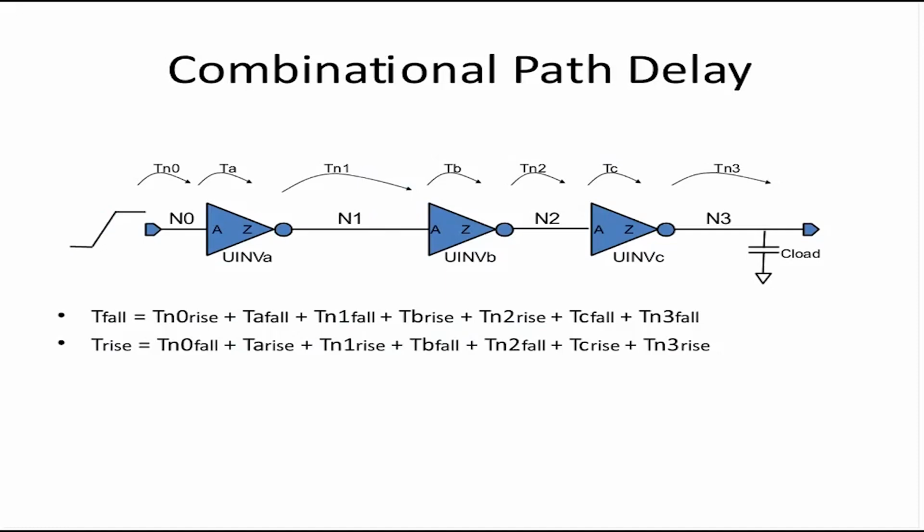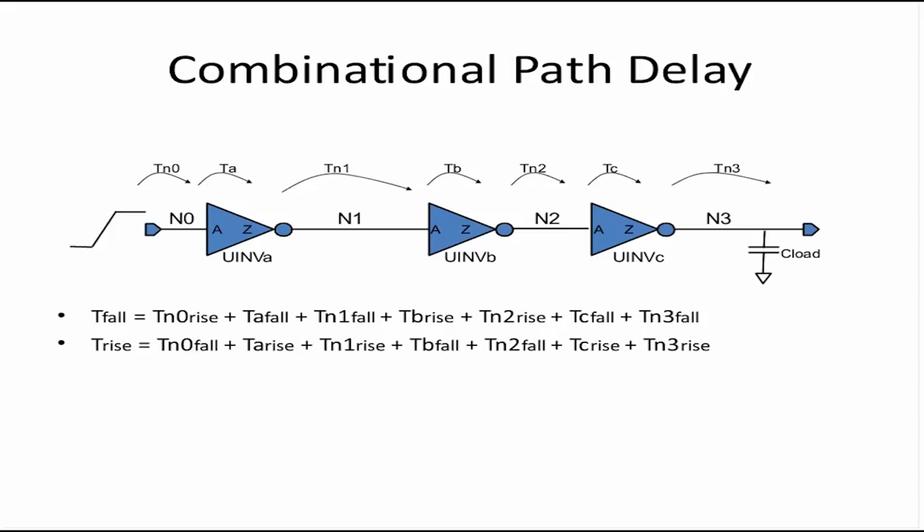In fact, each node will have four values. It will have a rise value and a fall value, and for each rise and fall value, it will have a max value and a min value. We'll see how max and min come into play here. Just please note that every node will have a rise delay and a fall delay. For rise delay, it will have a max value and a min value. For fall delay, it will have a max value and a min value.